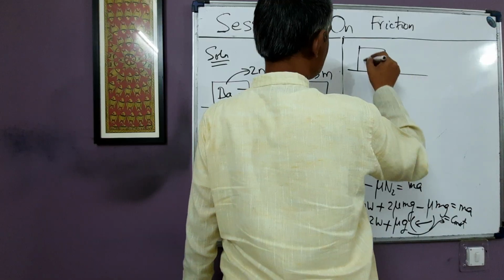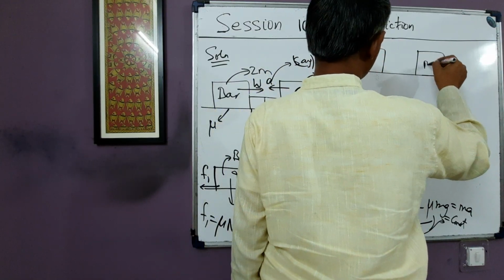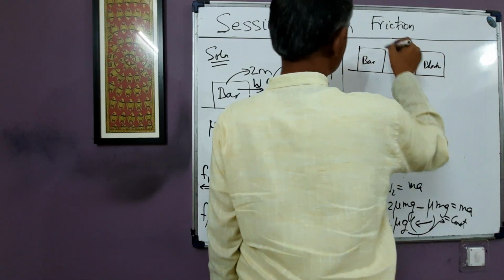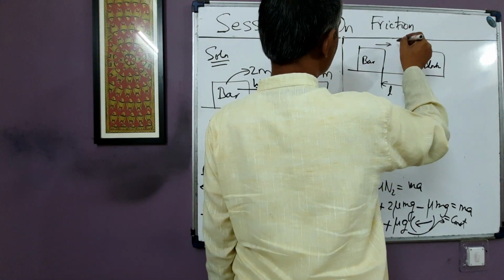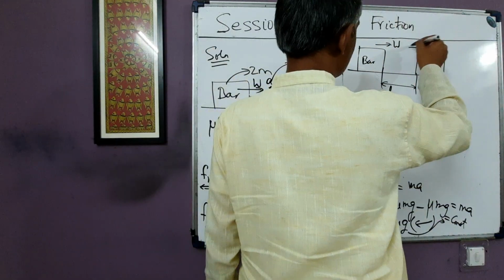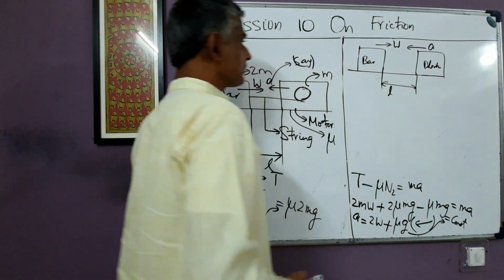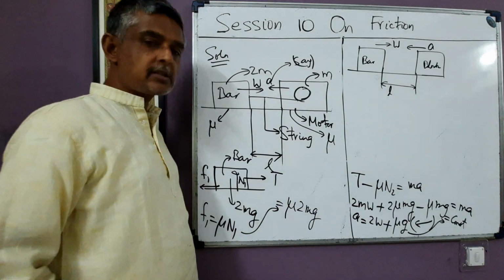This is the bar, and this is the block. The initial distance between these two bodies is L. The bar is moving rightward at a constant acceleration w with respect to the ground, and the block is moving leftward at a constant acceleration a with respect to the ground. Both the bar and the block start from rest.